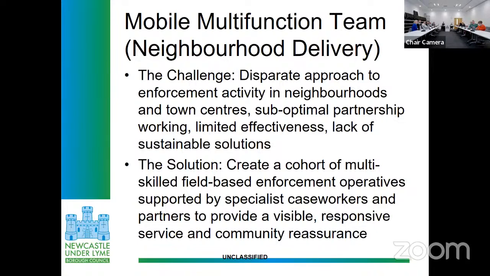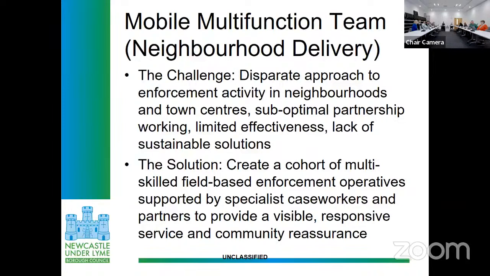One of our challenges was around working across our neighbourhoods and town centres and thinking about effective solutions to problems that arise out in the borough, and what we wanted to create, and what we have created and continue to develop, is a group of multi-skilled field-based workers who are supported by the specialists back at base, who can go out and solve a number of different problems that arise out there in the borough.